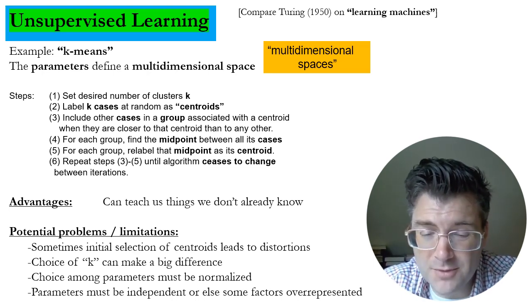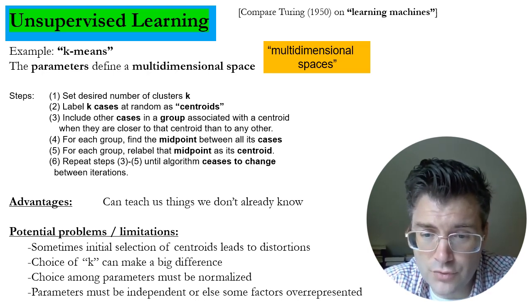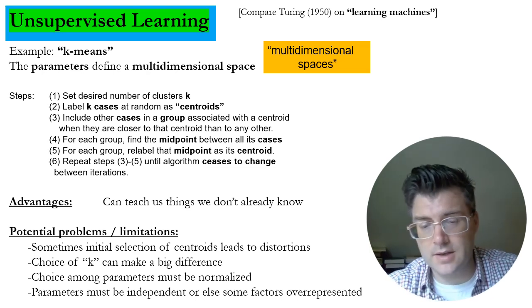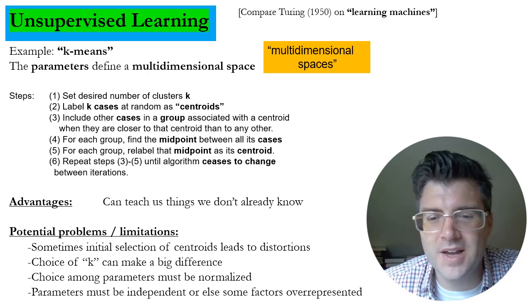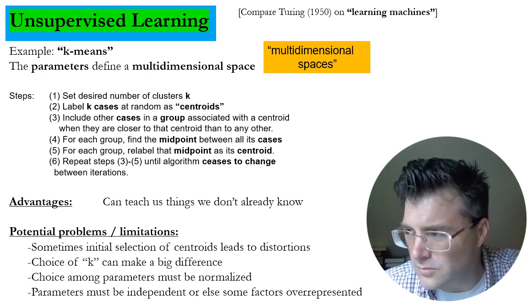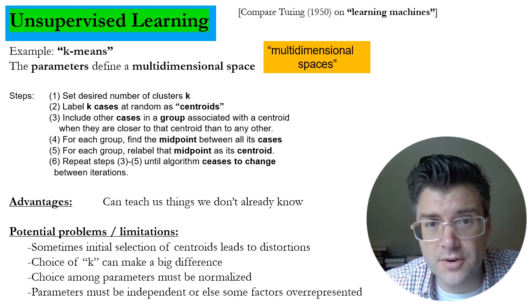And so that amplification means you're sort of losing informational value from the other parameters because some parameters are being overrepresented. This is a harder problem to deal with and sometimes takes some thinking about how the various parameters in the data set are related to each other.